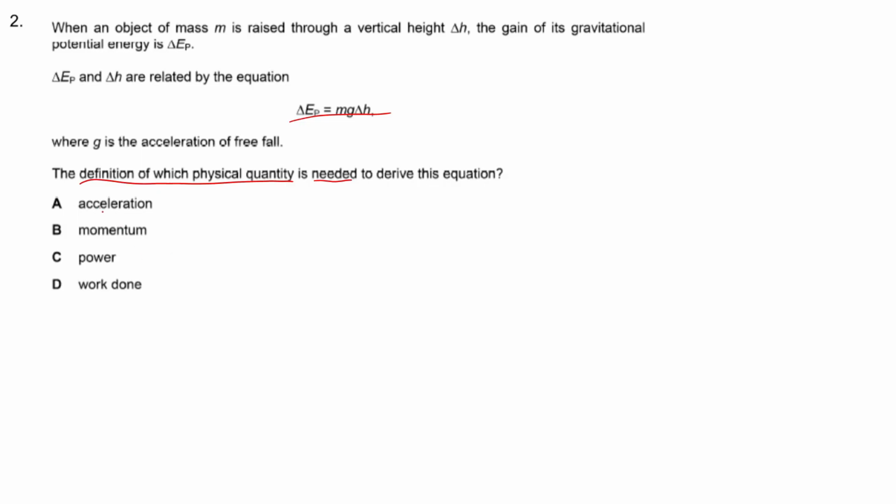So let's look at each answer choice. We see that acceleration is needed to be defined because it's part of this equation right here. The momentum is P equals mv, but we don't really need to know what v is to derive this equation.